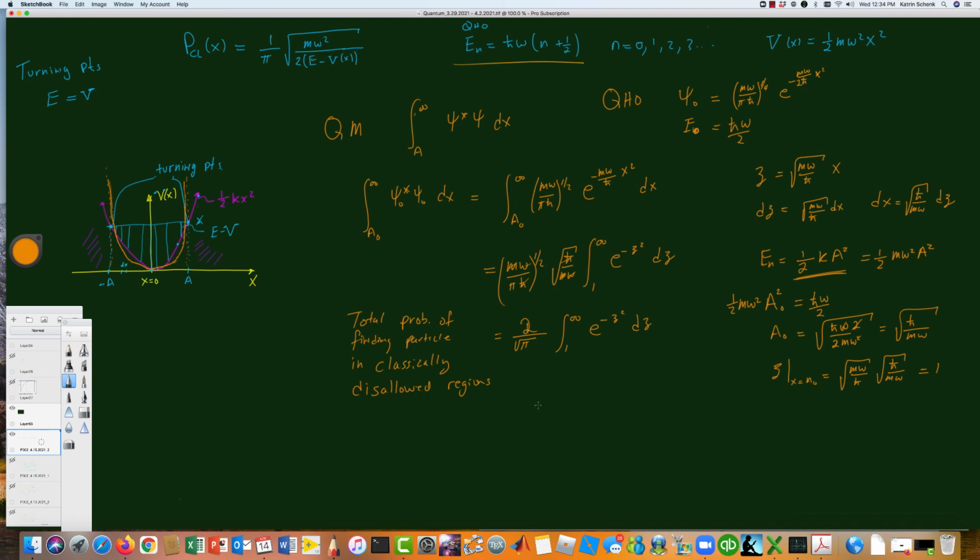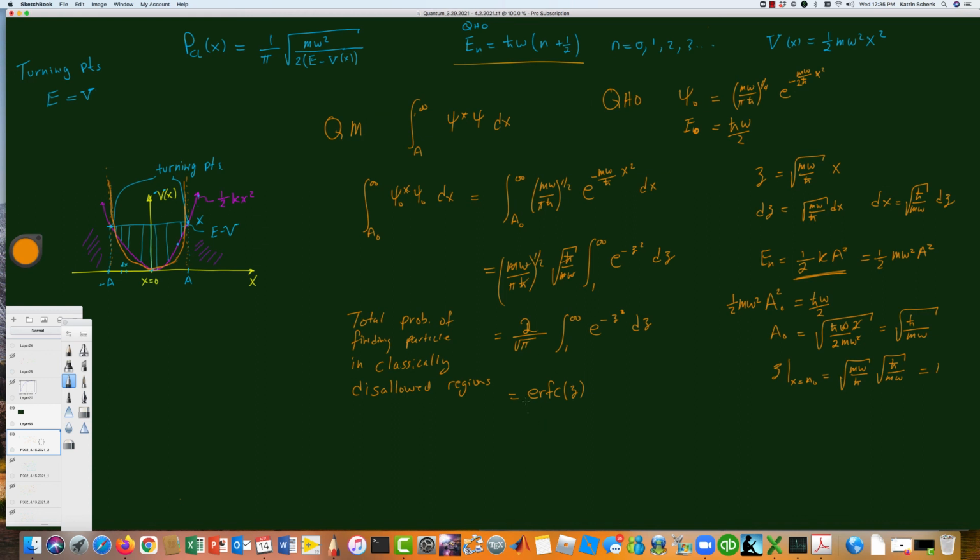Okay, so now we're ready. Now, this integral is a very interesting integral. It does not have what we call a closed form. It is evaluated numerically, and it is called the associated, I think it's associated or complementary error function. So it has this form, ERFC.